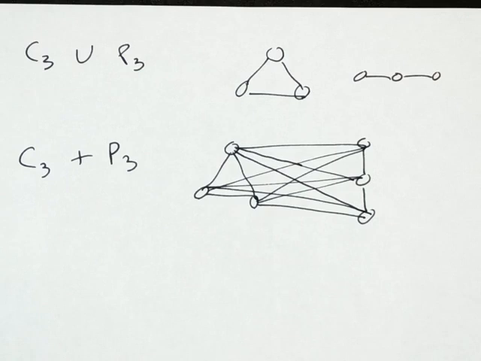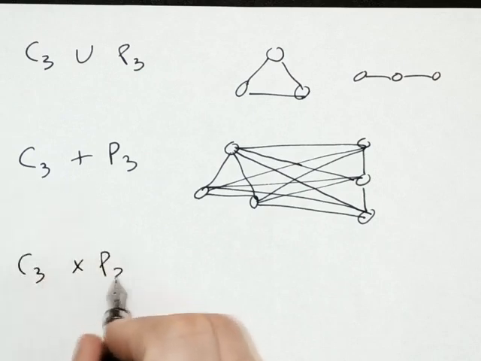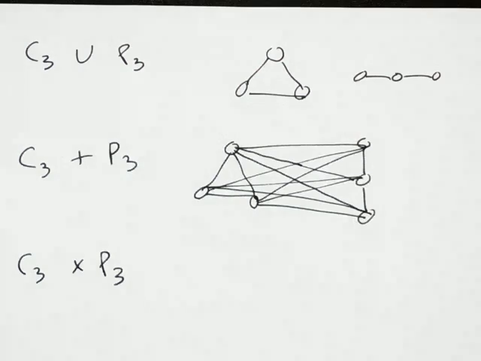The Cartesian product of the two replaces the vertices of one with copies of the other. There are 2 ways to do this.